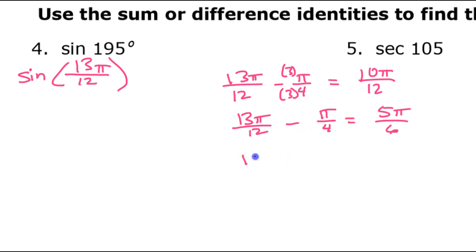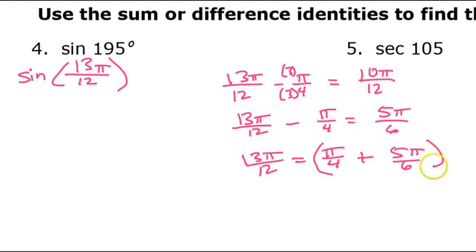So that's going to give me 13 pi over 12 is equal to pi over 4 plus 5 pi over 6. So this is what I'm going to substitute in place of 13 pi over 12. So I can rewrite the problem as the sine of pi over 4 plus 5 pi over 6.